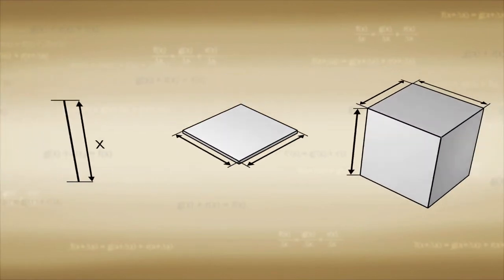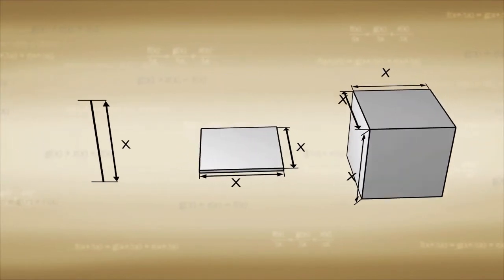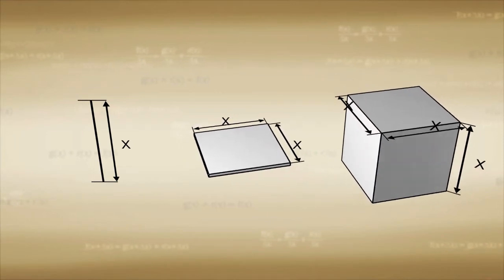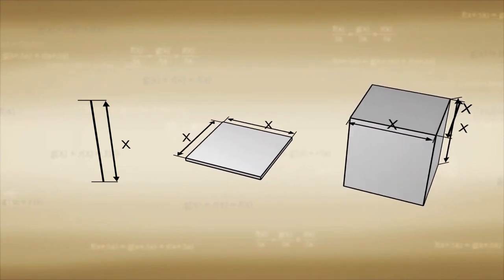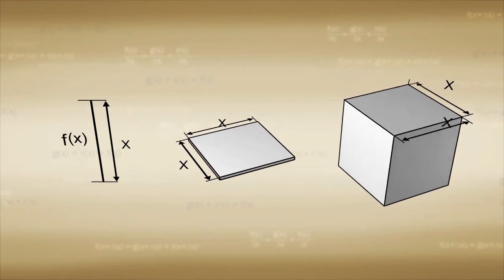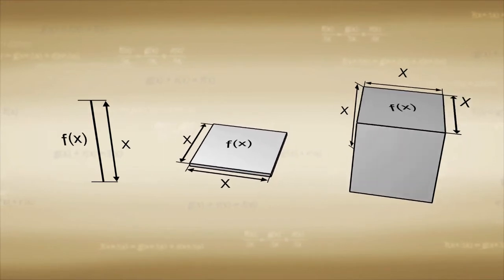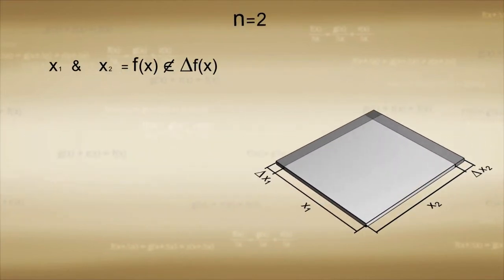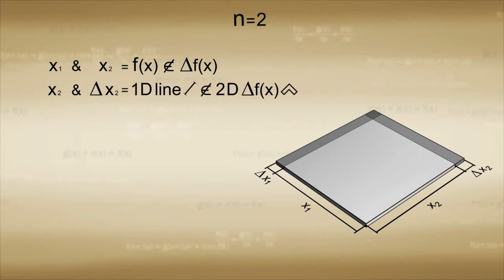We may also conclude that any n-dimensional combination of sides that composes a volume which is entirely composed of x values is the actual function and not a part of the change in the function. Next, we examine the two sides, x2 and delta x2, and we recognize that they actually form a line and not a two-dimensional volume which is a part of delta f of x.